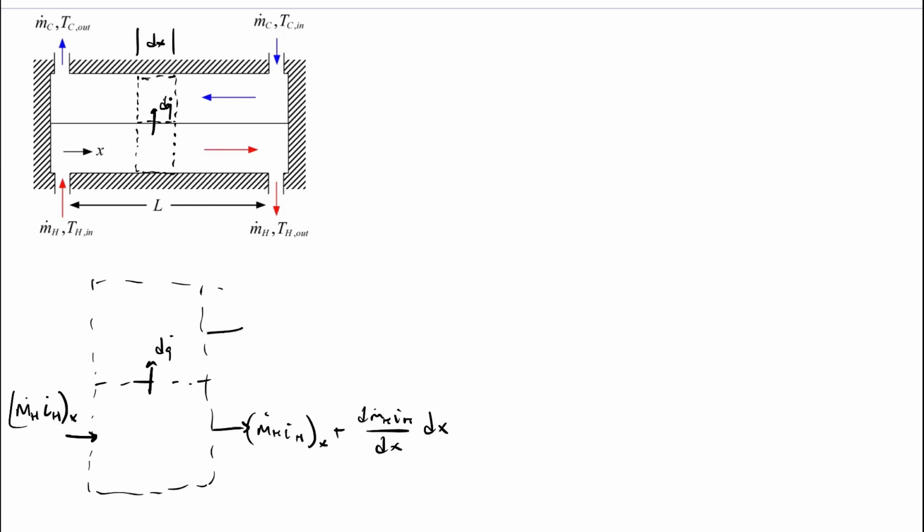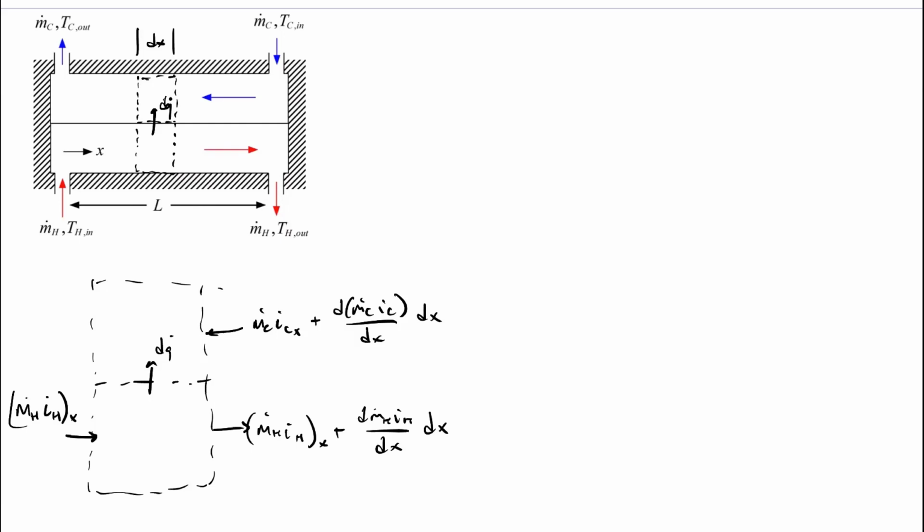So here on our cold flow coming in, we have m dot c i_c coming in here, and now this is at x plus dx, so we actually have to expand this out. And so this would be d(m dot c i_c)/dx times dx, and that's on the right-hand side.